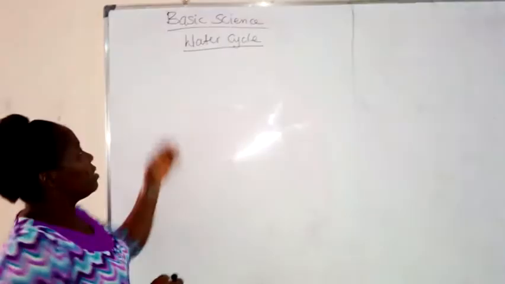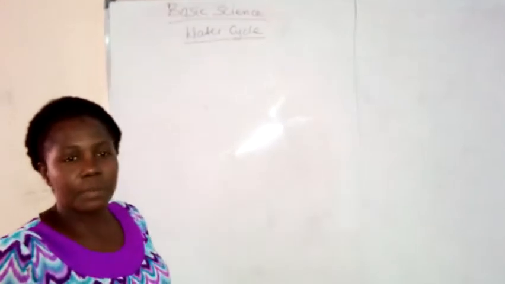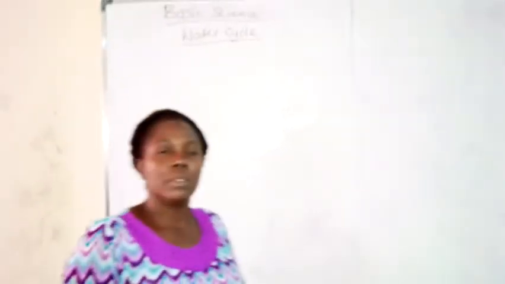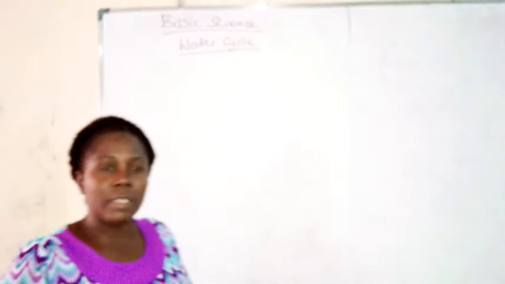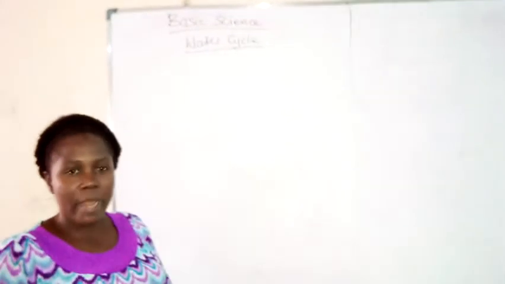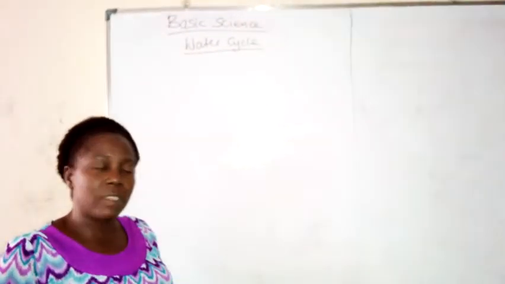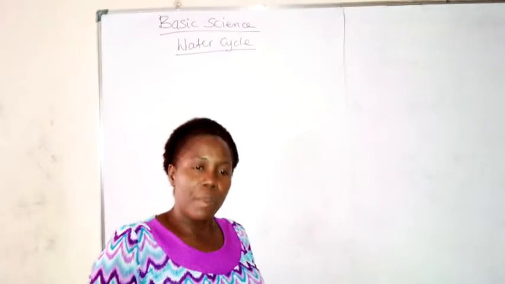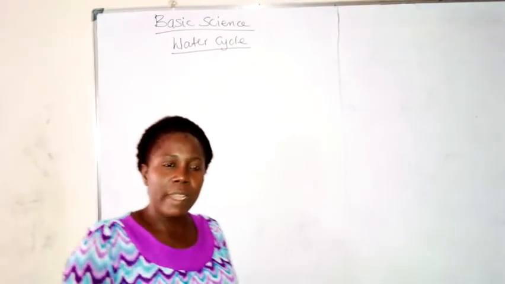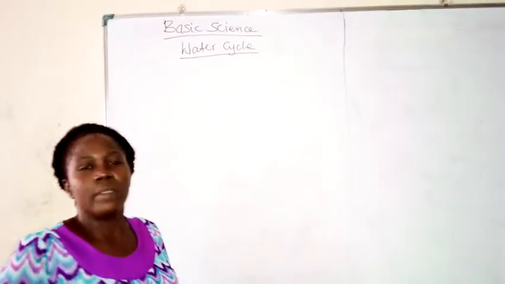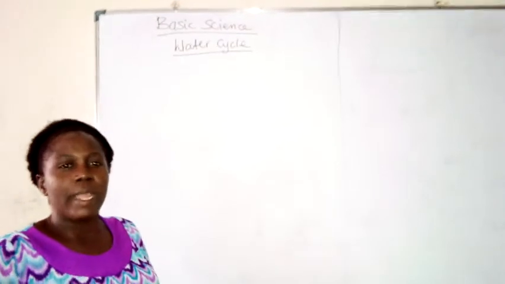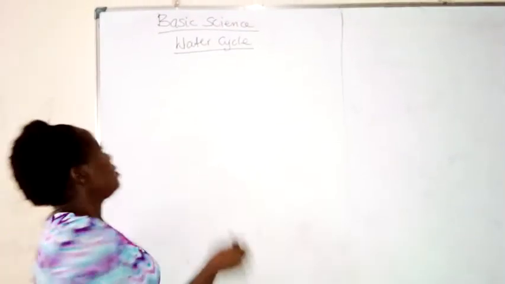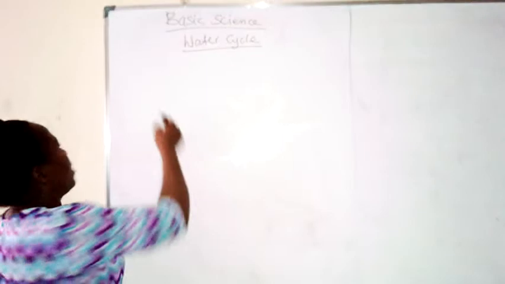Alright, then what is this water cycle all about? What is the water cycle? The water cycle is defined as the continuous movement of water from the earth's surface into the sky and back to the earth again. I repeat, the water cycle is the continuous movement of water from the earth's surface into the atmosphere and back to the earth again.